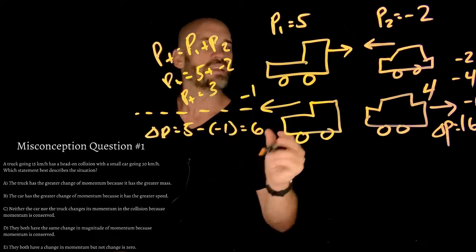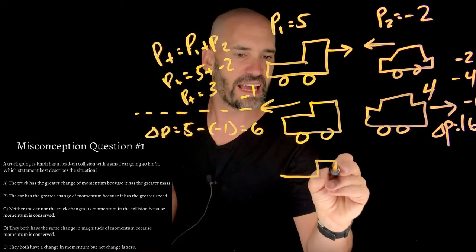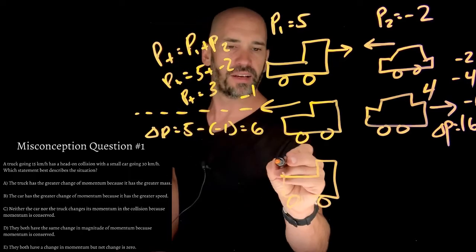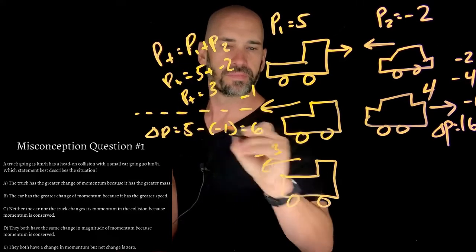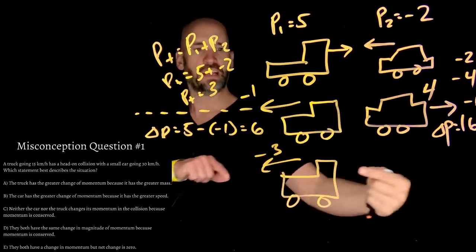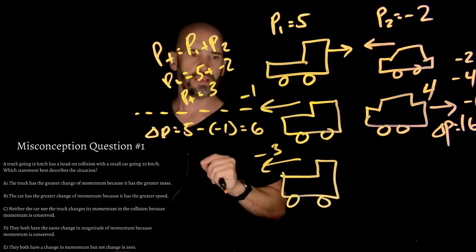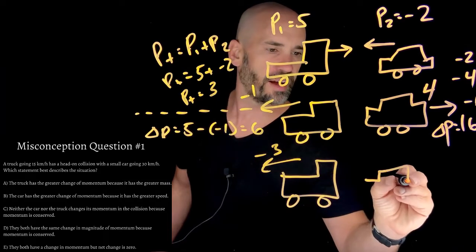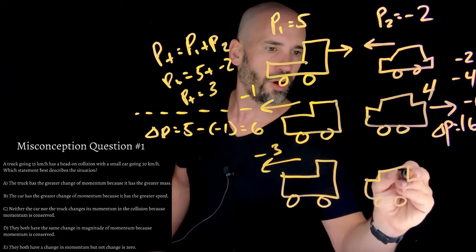All right, well, let's say that there's a different situation. Let's say that the truck actually recoils at -3. So after the collision, it's got a momentum of -3 in the negative x direction. And let's say that this car now also recoils.